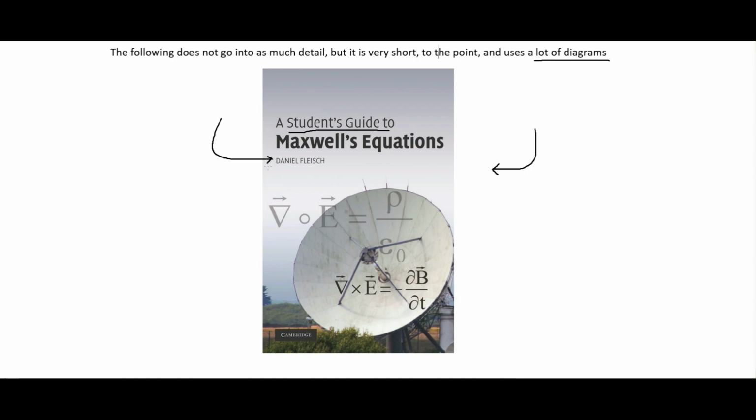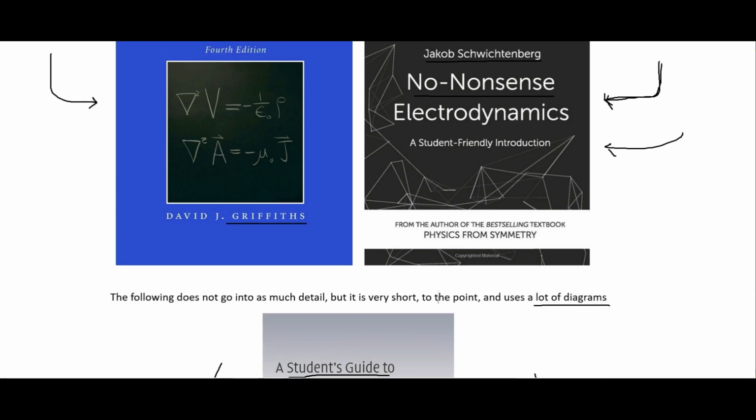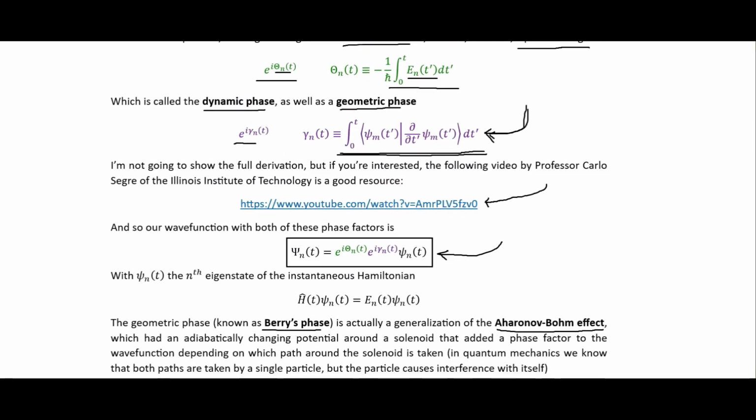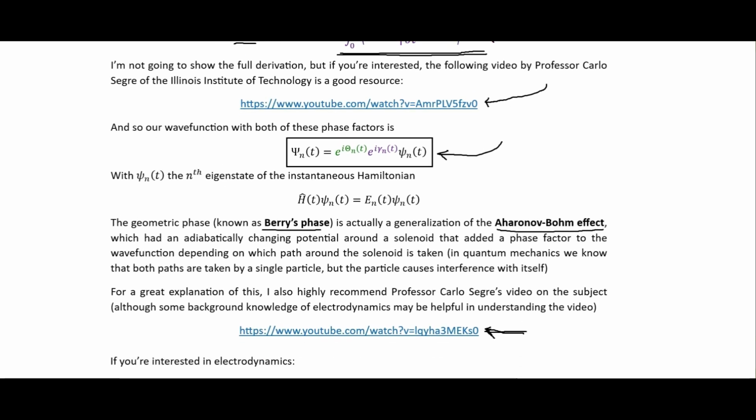A lot of them have different authors, but Daniel Fleisch has authored several of them, and the ones that he authors are really good. And this book in particular is really good if you want to get a good intuitive understanding of the Maxwell equations.